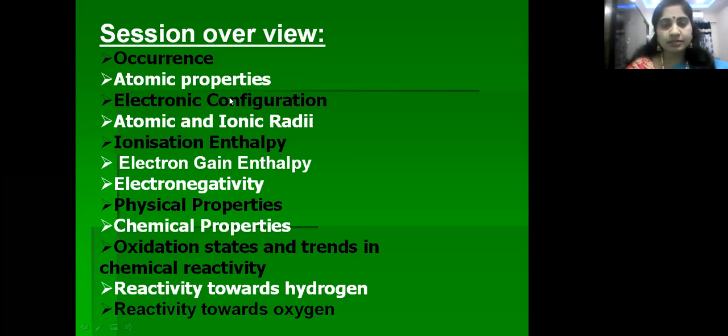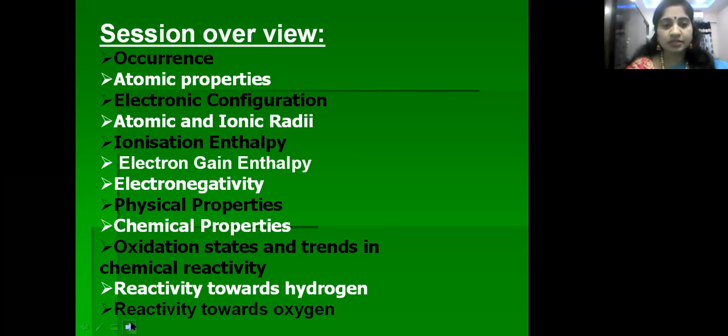After that the physical properties, and in chemical properties today we are going to discuss oxidation states and trends in chemical reactivity, reactivity towards hydrogen, and reactivity towards oxygen. Reactivity towards metals and halogens are also there, so in the next session we are going to cover those reactivities.